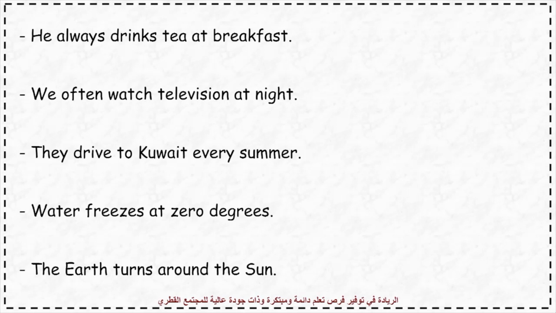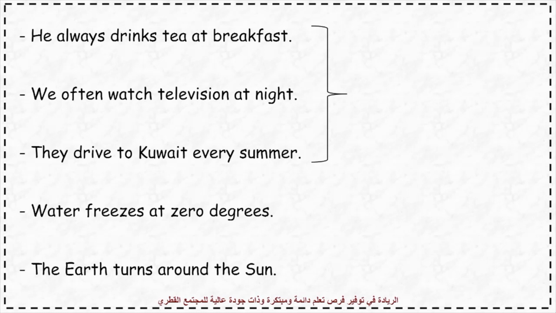I want you to read the first 3 examples and tell what they have in common. Let me read them again for you. He always drinks tea at breakfast. We often watch television at night. They drive to Kuwait every summer.